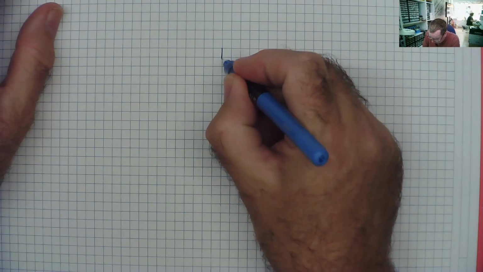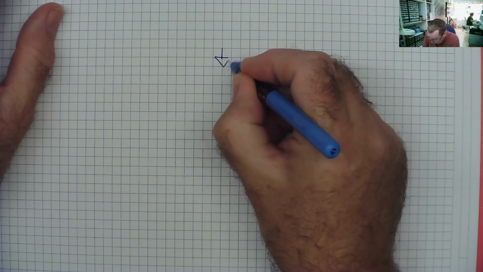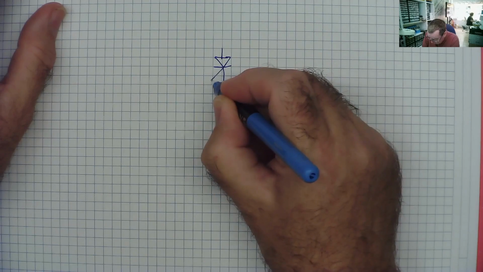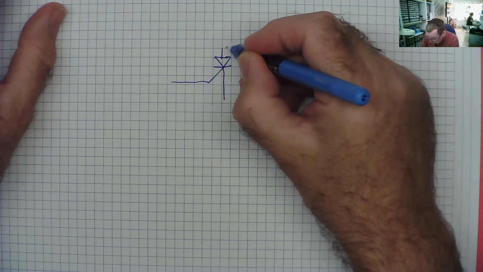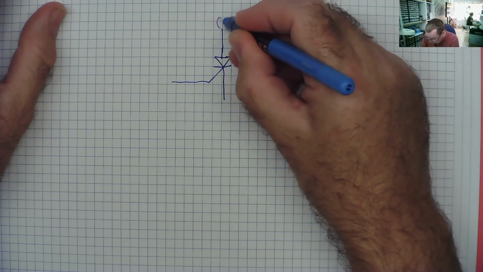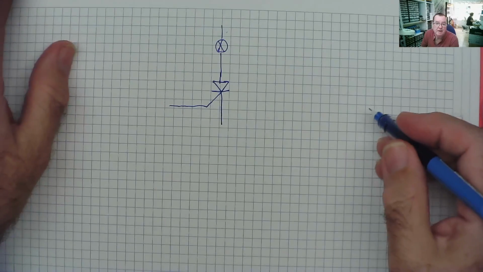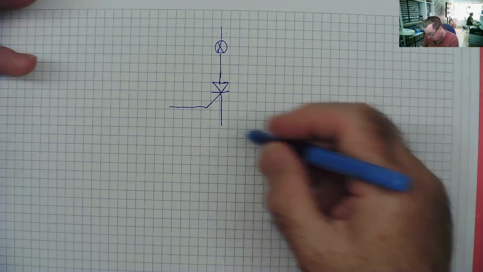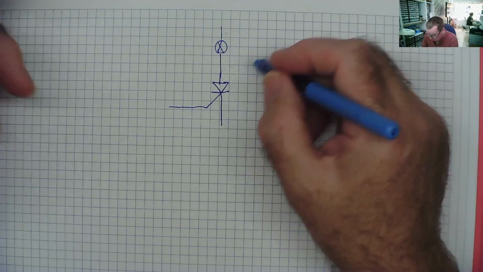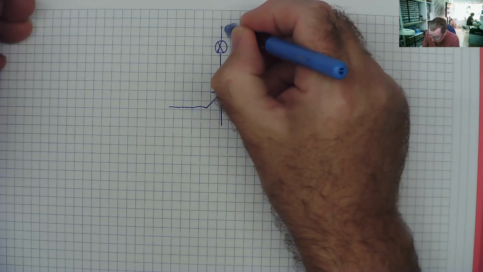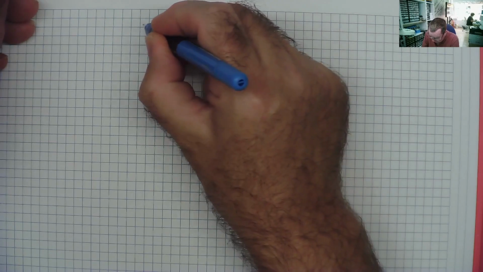Here is our thyristor. Our load, our supply, and our ground or negative 0 volts. Usually a thyristor is used to control AC, and the reason being is this.